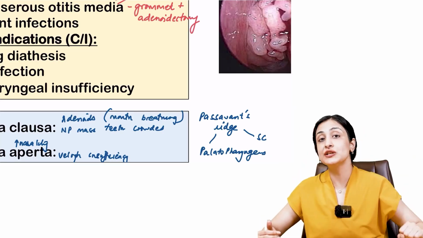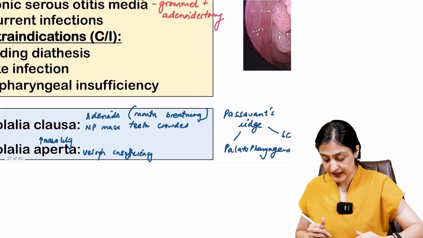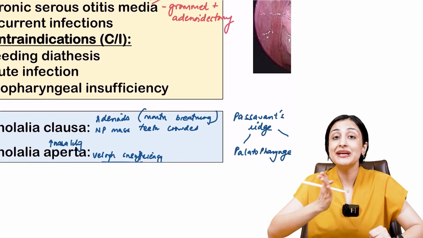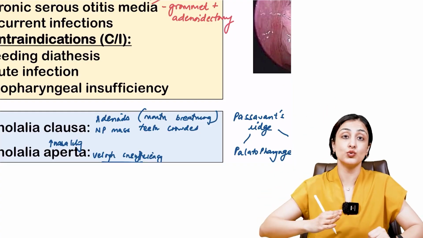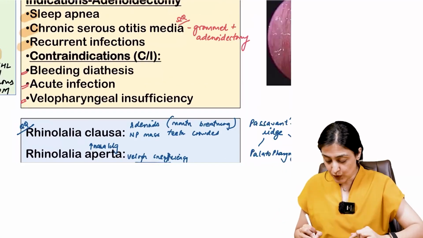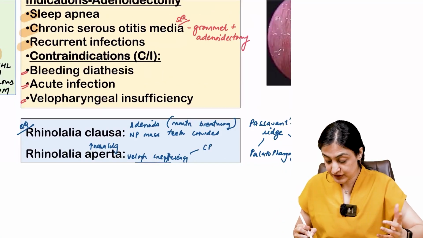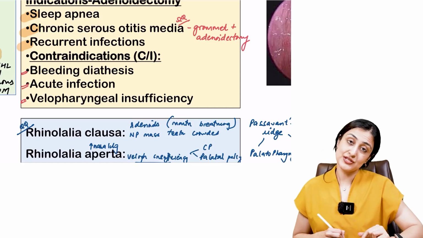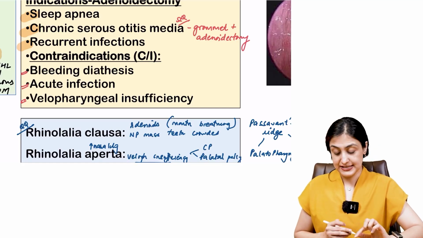So it blocks the oropharynx. This is what does not work here, so whatever I'm speaking goes more into the nose. That is hypernasality. This is associated either with cleft palate or palatal palsy because of the 10th cranial nerve. Fine. So this is velopharyngeal insufficiency.